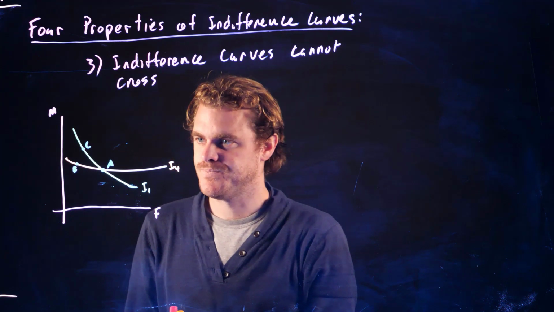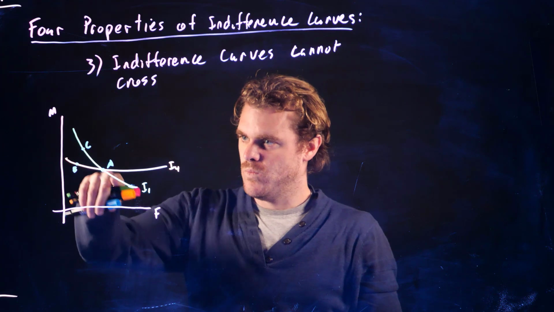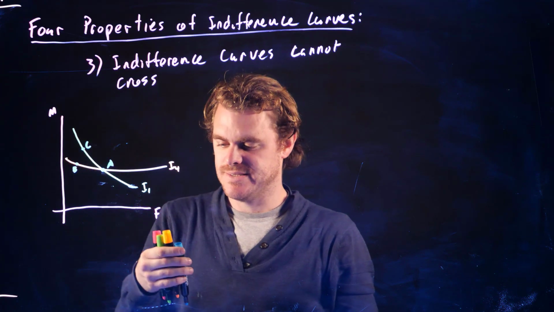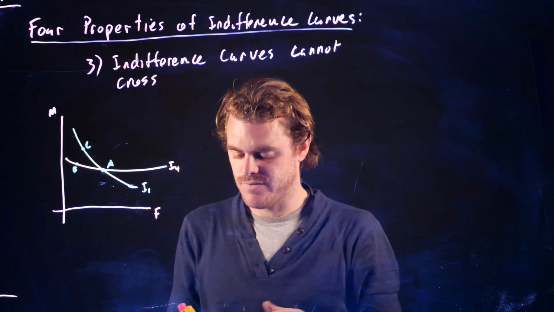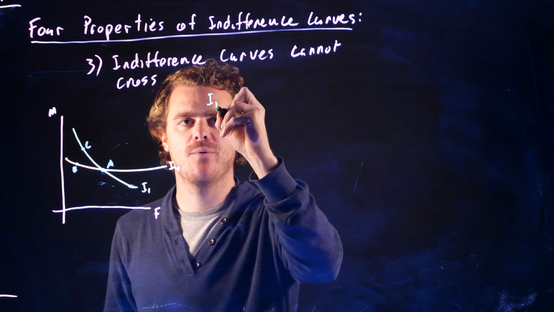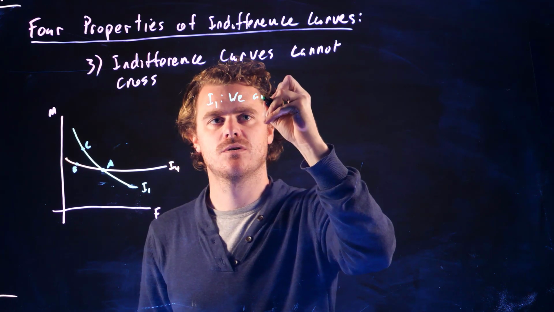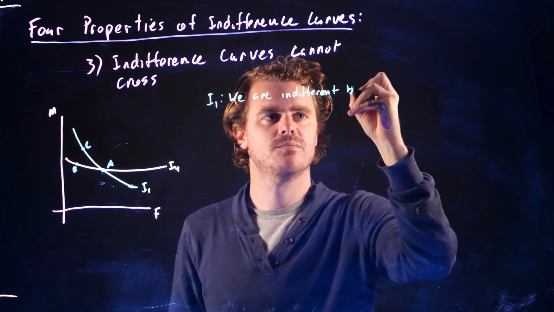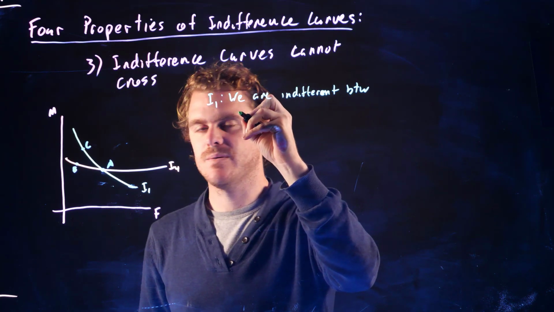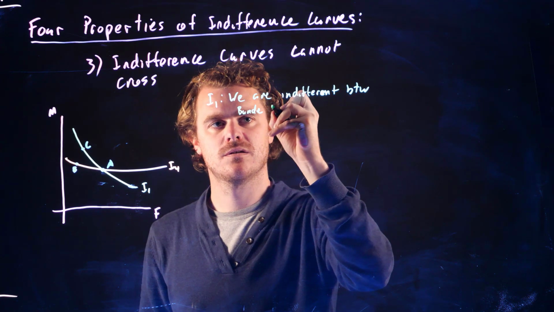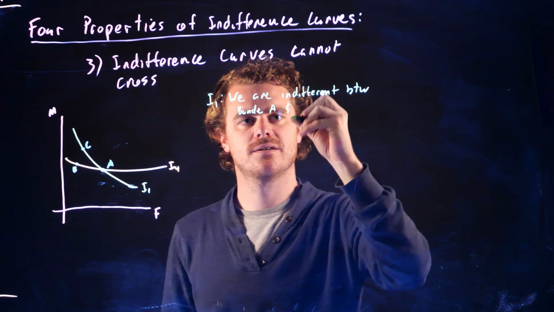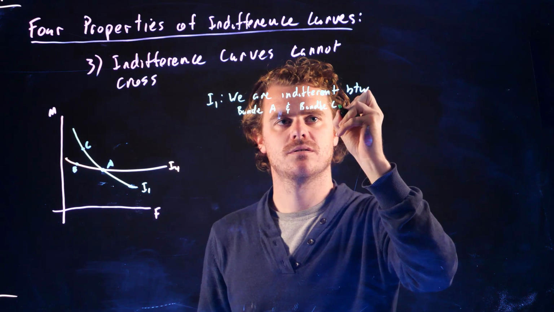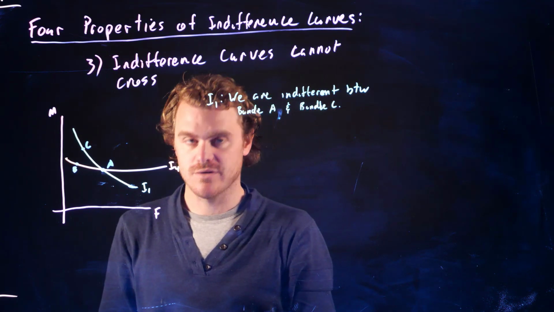Okay, so what this is saying is we're indifferent between point A and point C because they're along the same indifference curve I1. So I1 is telling us we are indifferent between bundle A and bundle C, because they're all along the same indifference curve.